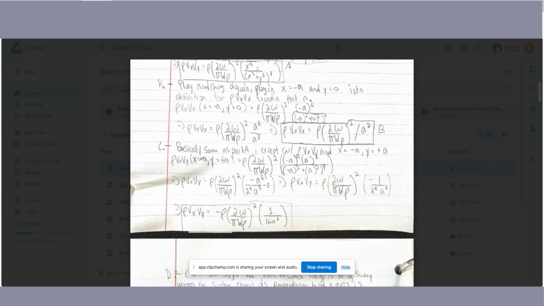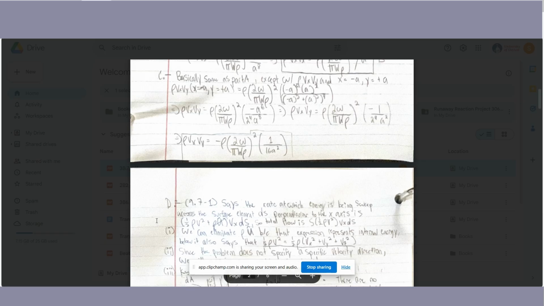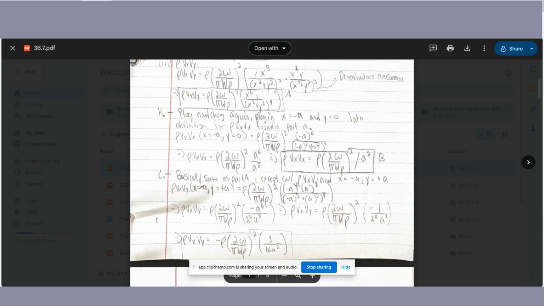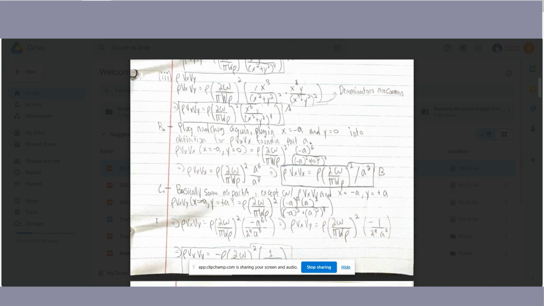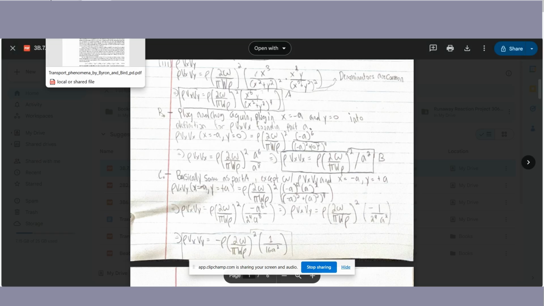Negative 1 divided by 16 a to the 2nd. That's where the negative sign comes from. So that's B and C right there. You just plug in, checking pretty much for B and C. Pretty simple.